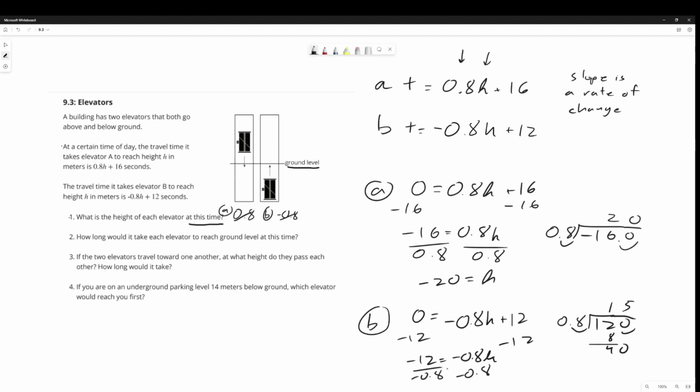And negative divided by negative is positive. So this is going to be 15 equals h. So elevator A is negative 20 meters, below ground level, and elevator B is 15 meters above ground level. So that's going to be our answer for number 1.